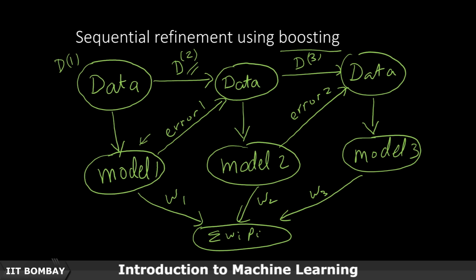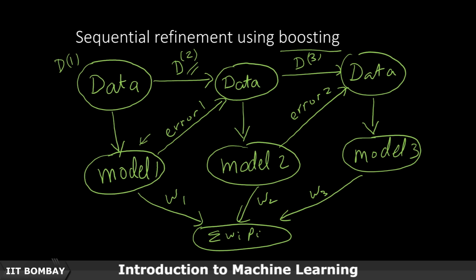So essentially the summary of the model is the following. Initially set uniform weights for all samples, so all samples have the same weight. Let us say 1 by n, if there are n samples all of them have 1 by n weight. Then in each round we are going to train one model, and finally we are going to combine these models.